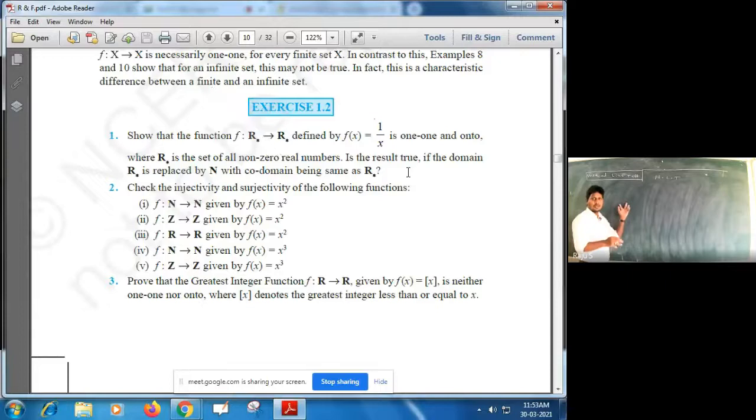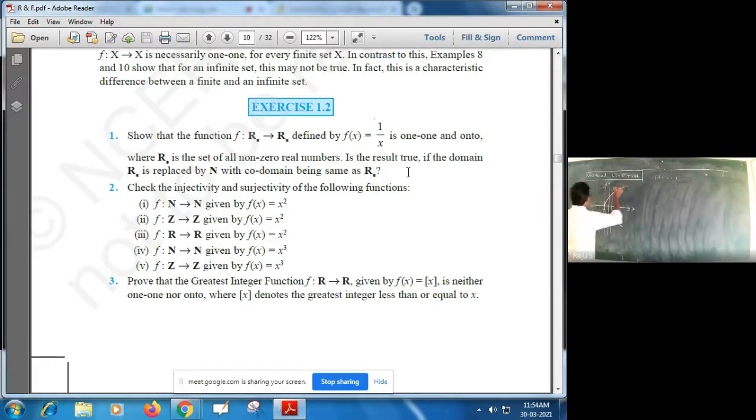Whether the given relation is a function or not, and by using the horizontal line test, we should check whether the given function is 1-1 or not. Very simple. For example, I'm taking the x-axis and y-axis. It is possible, like y square is equal to 4ax. Now I want to check whether it is a function or not. So draw the vertical line.